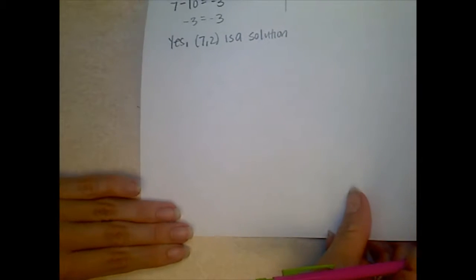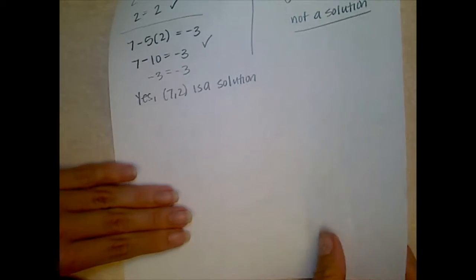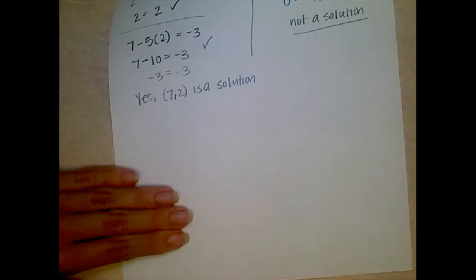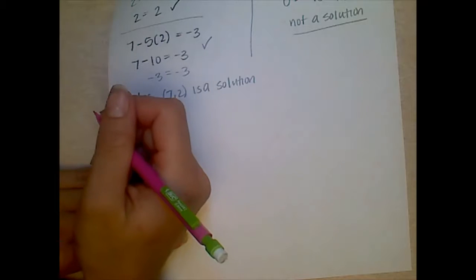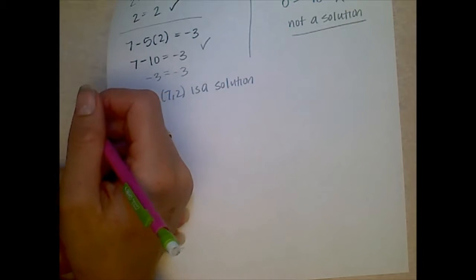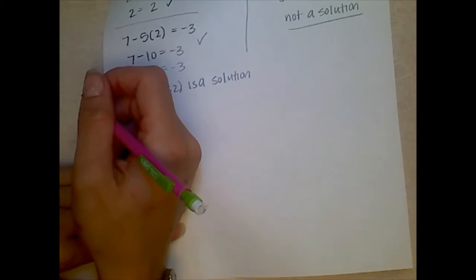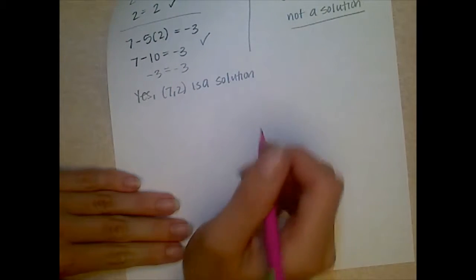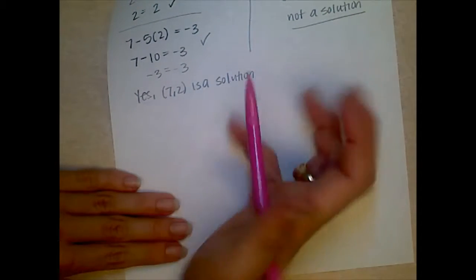Question number 2 is quite a different question where you're creating your own system. It says write a system of equations to solve the situation, then use a substitution or addition method to solve. He's talking about peanuts and a mixed nut mixture.